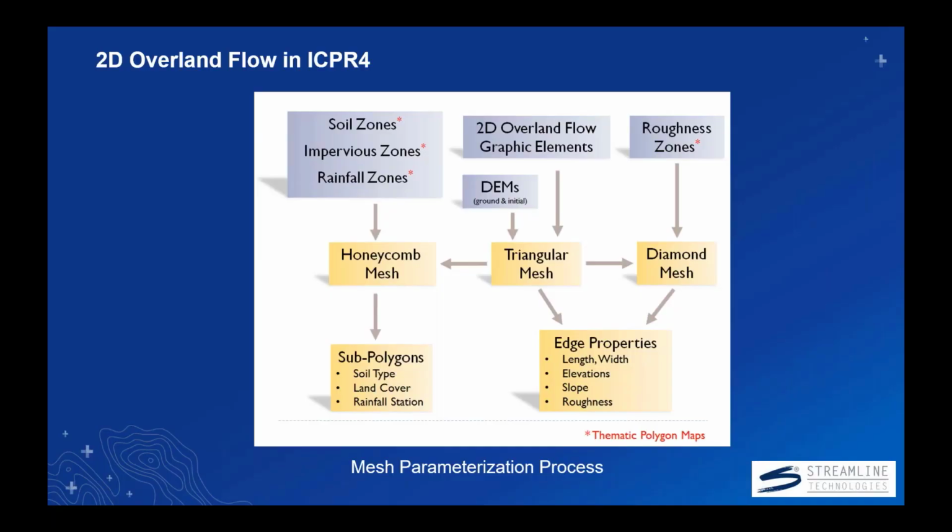Also from the triangular mesh, we develop a diamond mesh, which is along the triangle edges. And between the triangular mesh and the diamond mesh, we intersect that with a roughness zone map and with DEM. And from there, we get the edge properties, and that's length, slope, roughness, characteristics, things like that.